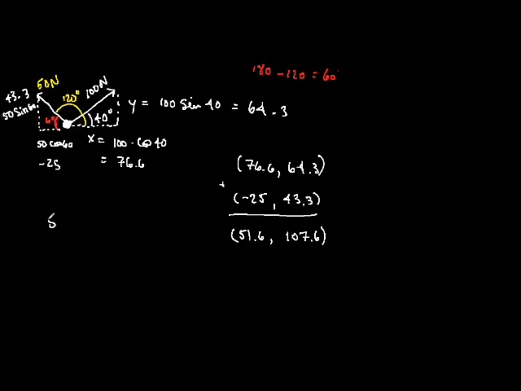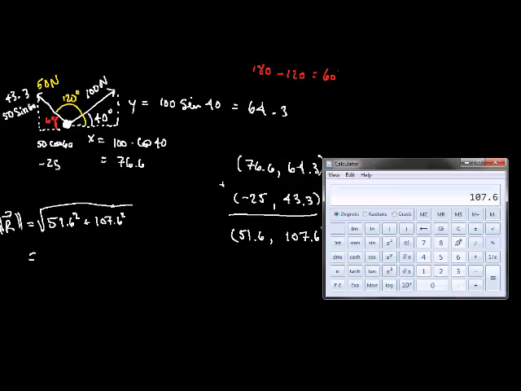I'll call the resultant r, and the magnitude of my resultant is the square root of 51.6 squared plus 107.6 squared, and that gives me, let's pull out that calculator, 51.6 squared plus 107.6 squared, square root.